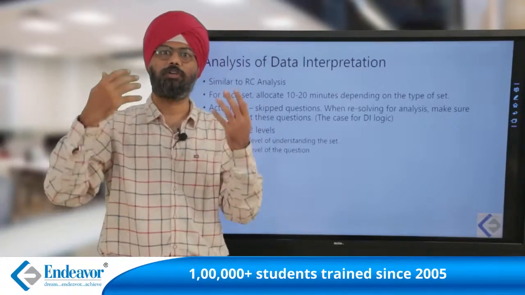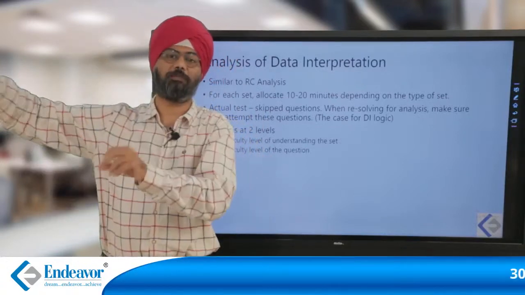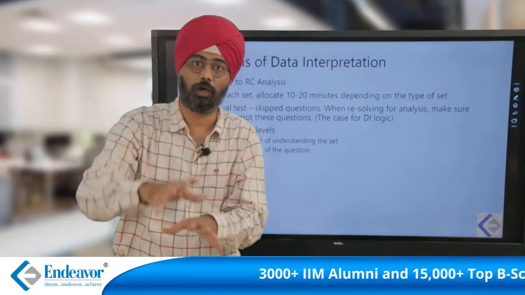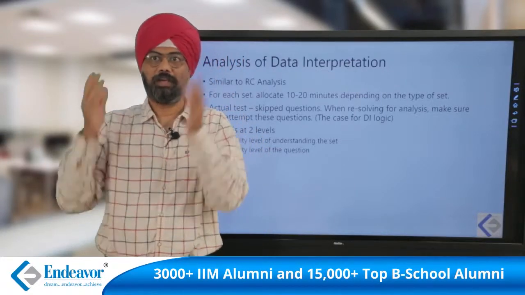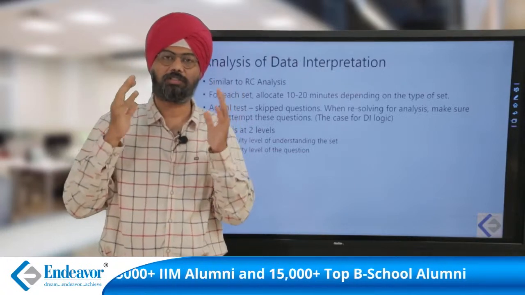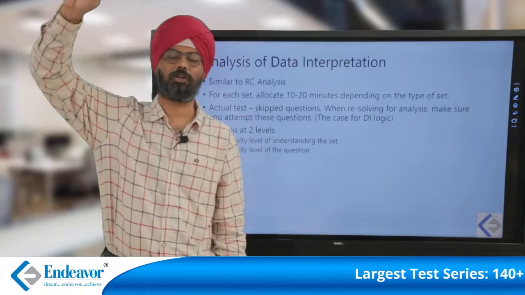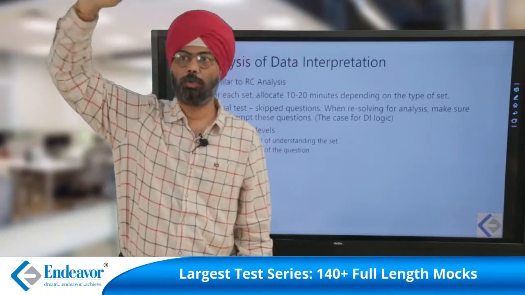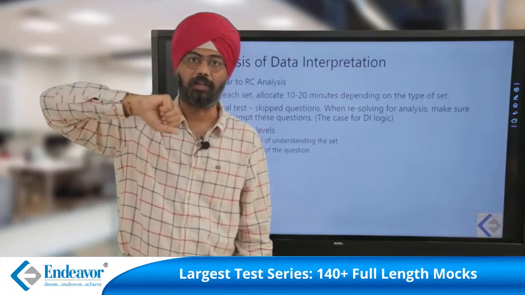Look at the number of correct answers or the score that you need to get a 99.5 percentile or a 100 percentile in quant. Compare that with DI. If DI is tough, it is not just tough for you, it is bloody tough for everyone. There might be those 10 or 15 or 20 or 100 people who will get a 100 percentile or a 99.8 or a 99.9 percentile.